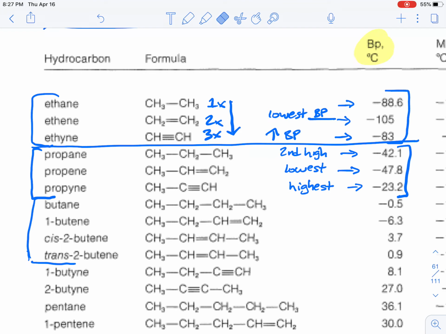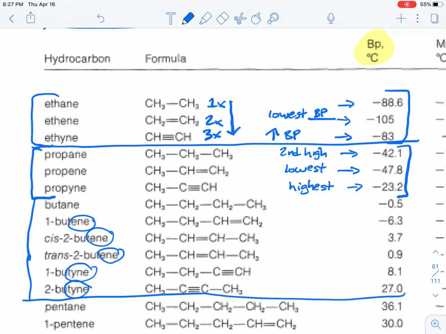So ene, that's double, double, double, and then yne, triple, triple. If you're looking at this set, you'll see that the triple bonds are going to have the highest boiling point.